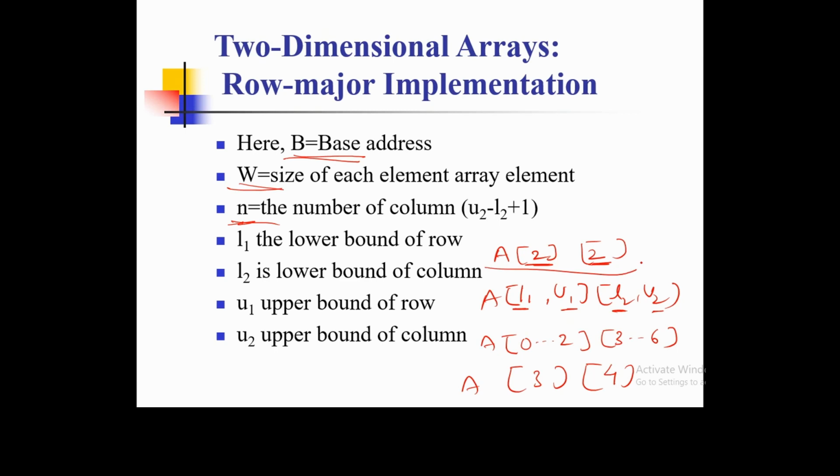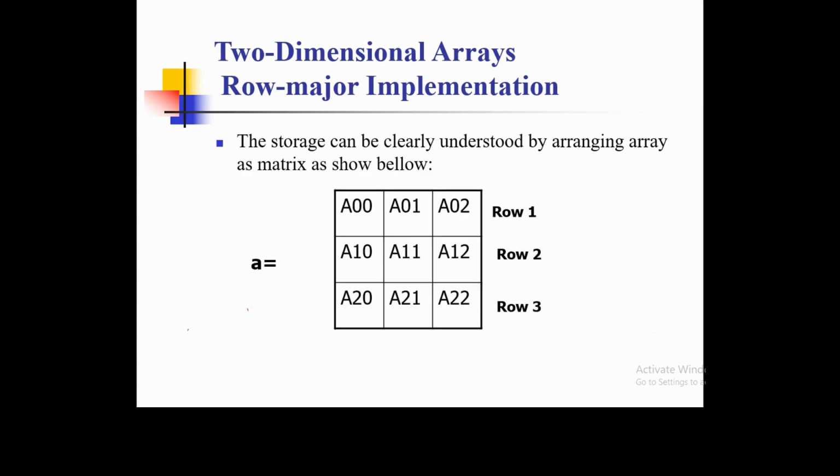So here, as we normally use, the number of rows and number of columns are already given. Like this array, we can denote it as first dimension, second dimension. See, it is 0 1 2, and 0 1 2, so it will be 0 to 2 and also 0 to 2.